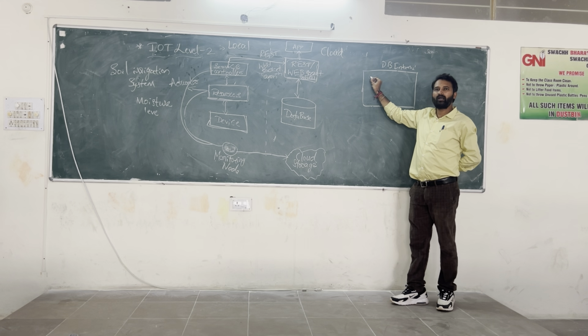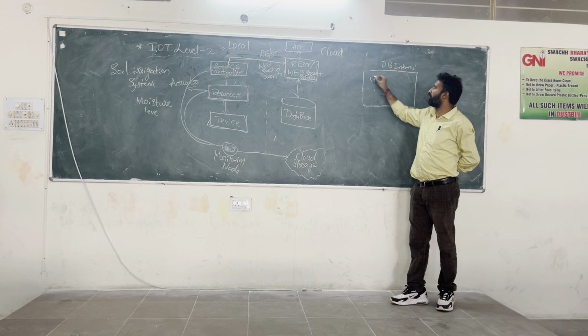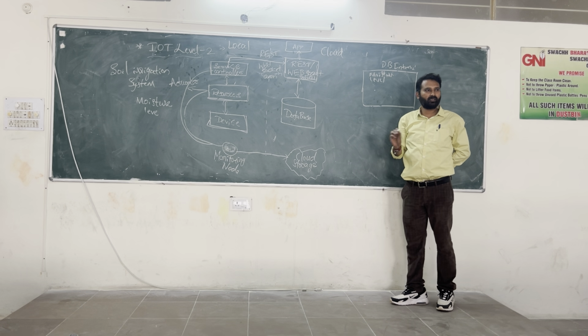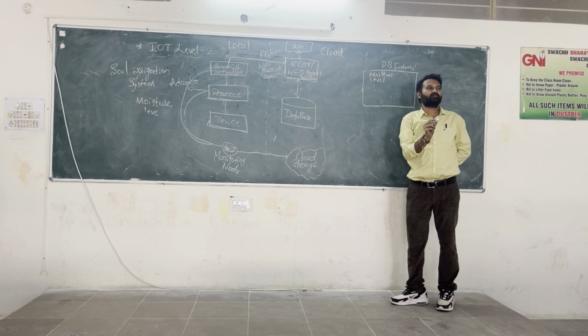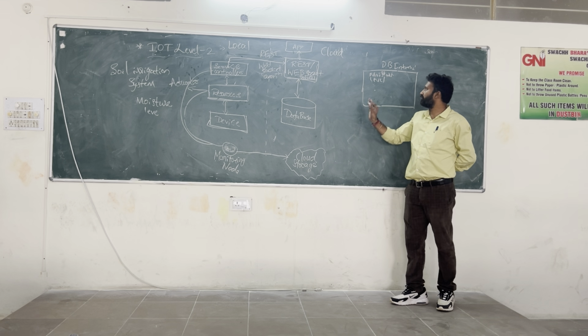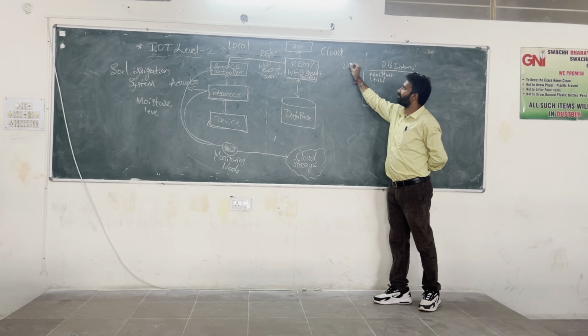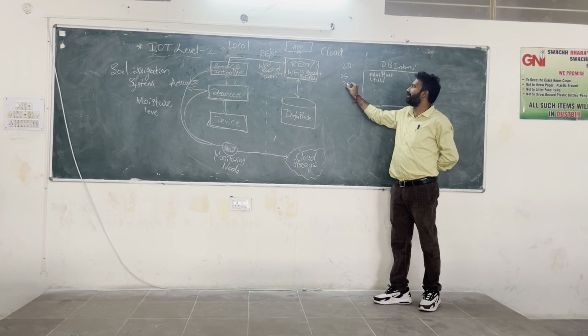What will this database have? It will have the moisture level. So there will be a predefined threshold, a threshold value for the moisture level. For example, generally we set some level like 20, 25, 30, 35.